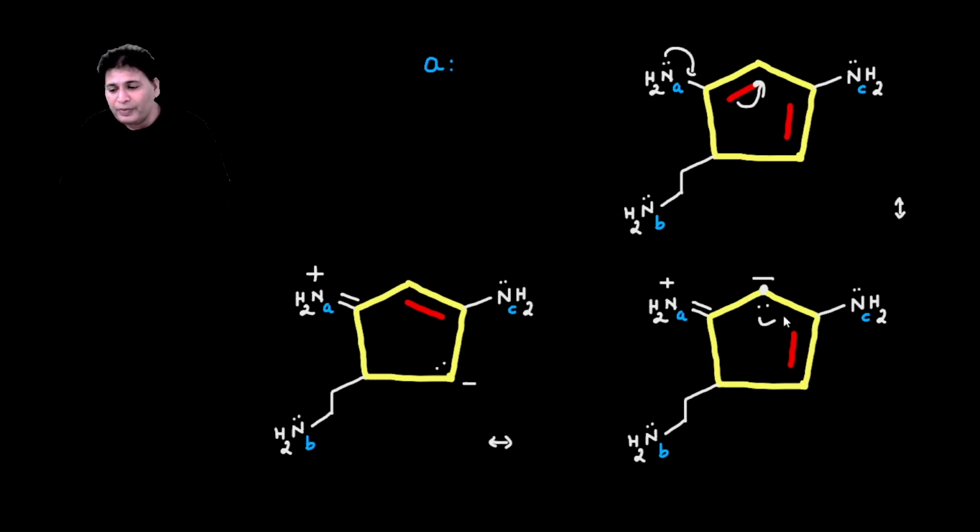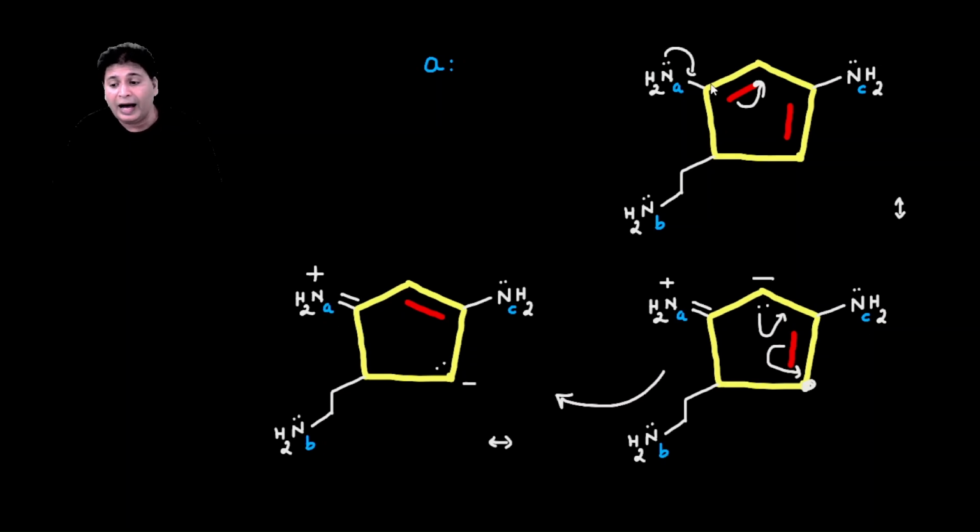How? Lone pair, single, double. So on that ground you can say that this electron pair will further delocalize, and as it further delocalizes, student, you will have to make that resonating structure, the lone pair one position ahead, and simultaneously these pi electrons will sit on this carbon, and from here you will generate this structure.